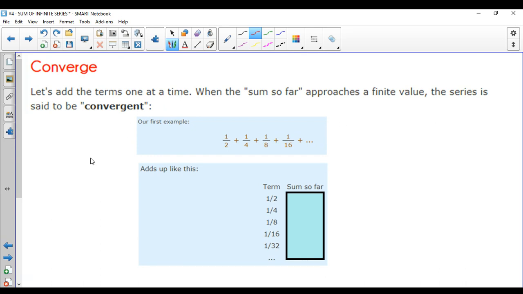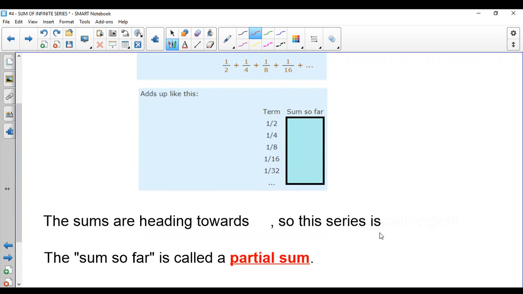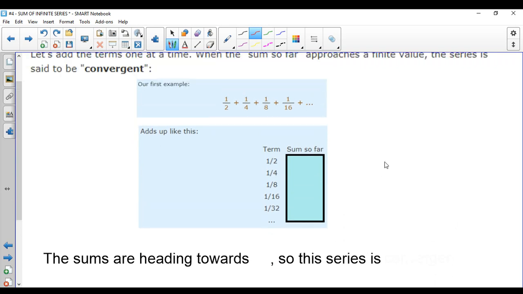So we're going to introduce some vocabulary words, and the first one is converge, or to be convergent. And this again is our infinite sequence, our series that we've talked about before, infinite series. So if we add them up and then we take a look at the sum so far, and remember the sum so far, as you see down the bottom, are our partial sums.